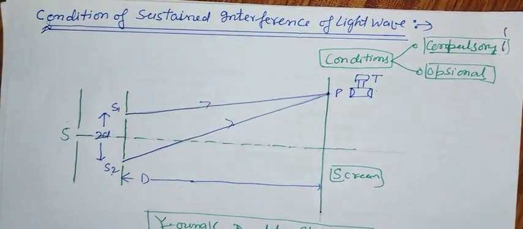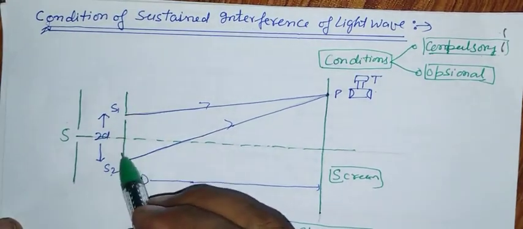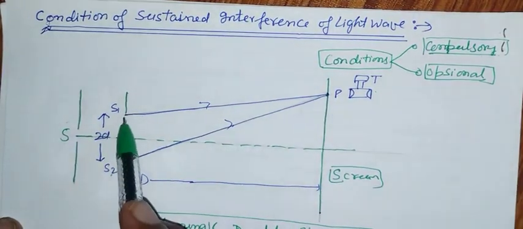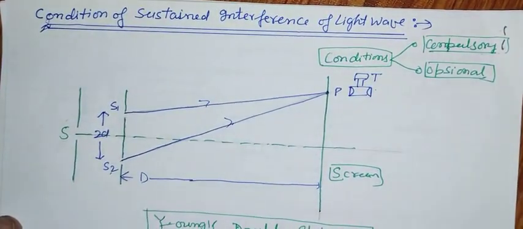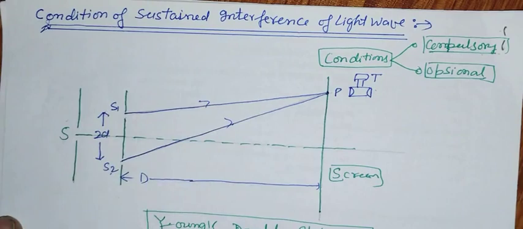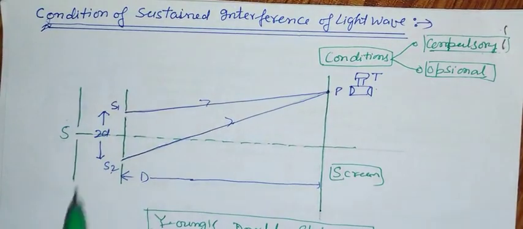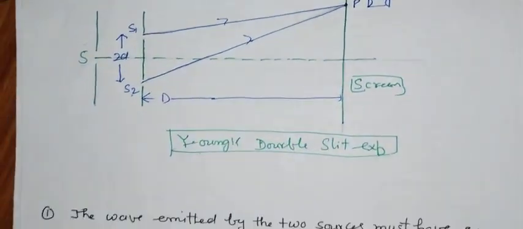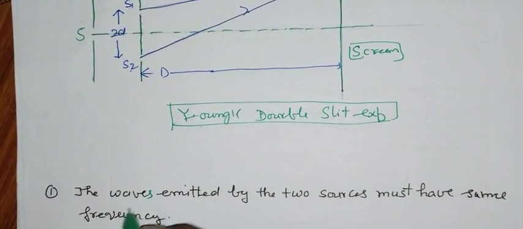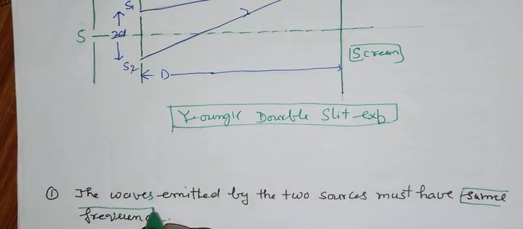The first compulsory condition is that both sources must have the same frequency. If it is the same monochromatic light, the virtual sources have the same frequency. So the first condition: the waves emitted by the two sources must have the same frequency, as given in the box.